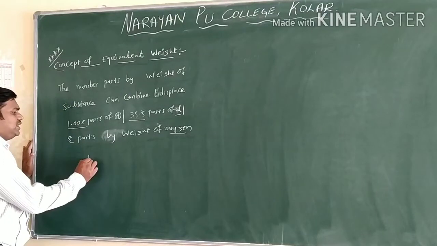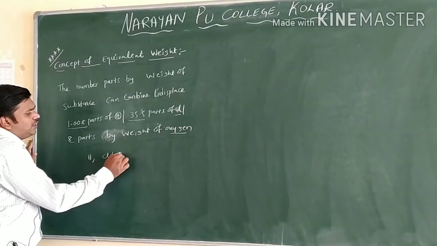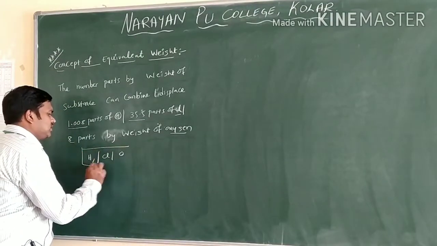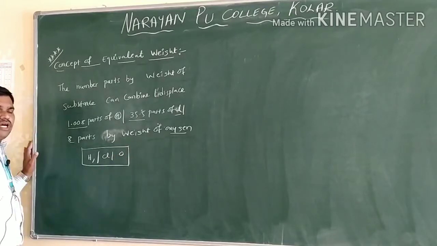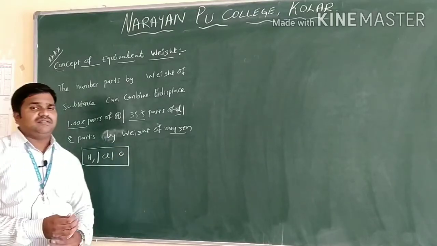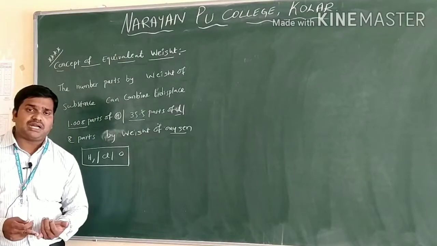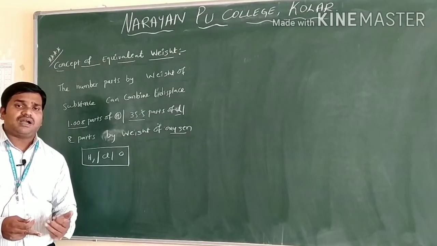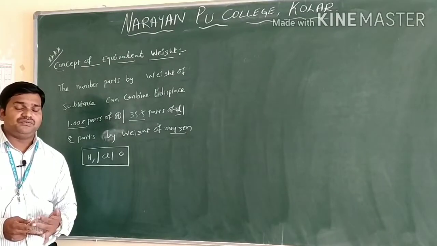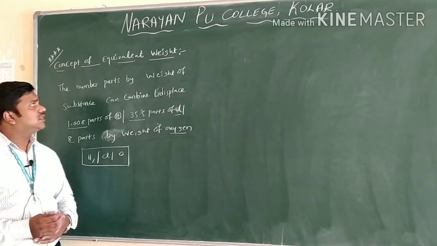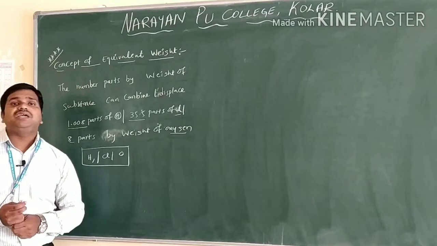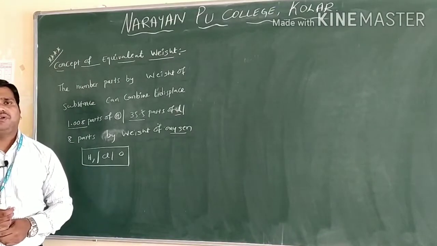The reference elements they are taking here are hydrogen, chlorine and oxygen. So the number of parts of hydrogen, or number of parts of chlorine, or number of parts of oxygen, which combine or displace, that we call equivalent weight.